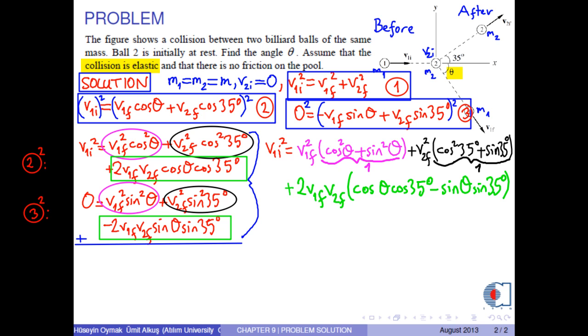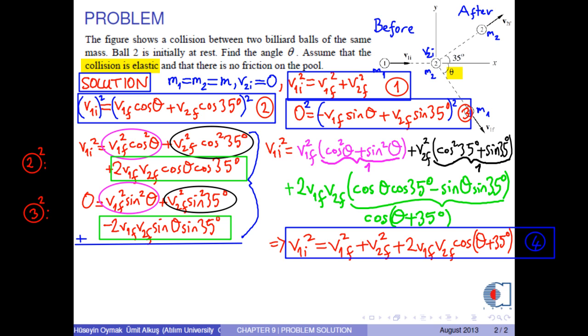Also, cosine 35 degrees squared plus sine 35 degrees squared is 1. For the last term, if we use the trigonometric identities, we get cosine theta plus 35 degrees. Finally, we get this result.